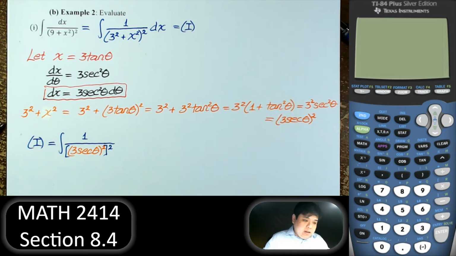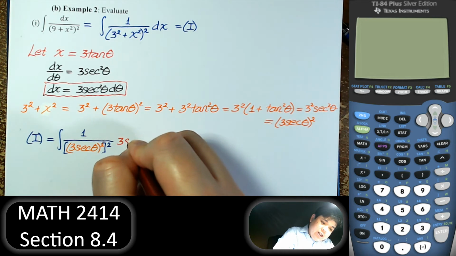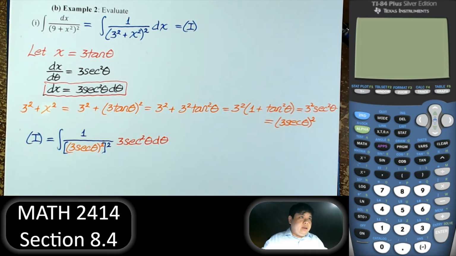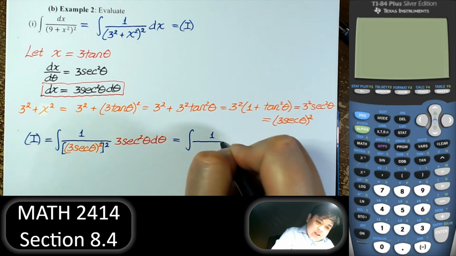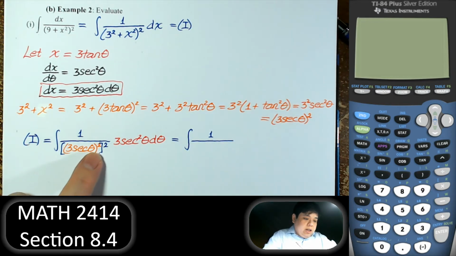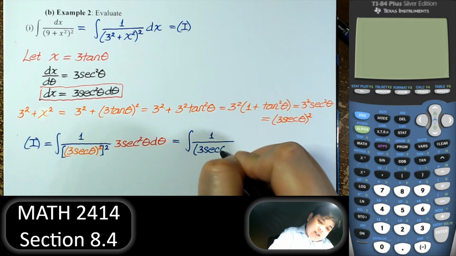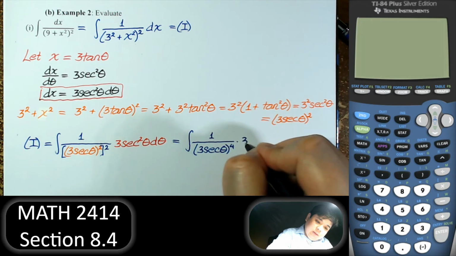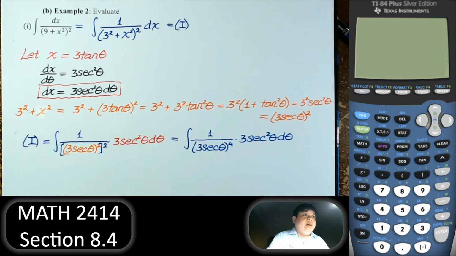The dx is that, 3 secant squared d theta. Right, simplify. 3 squared and then squared again, so that gives us, just for now, let's write 3 secant theta squared, and square that to the 4th. And we have that.